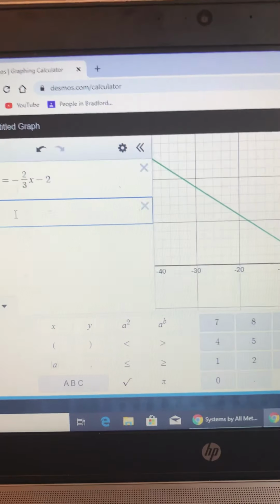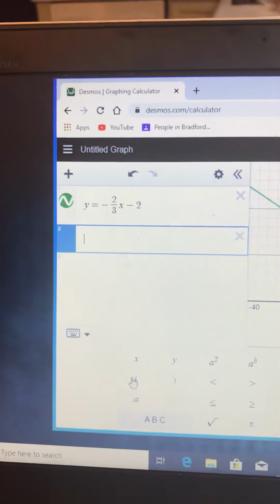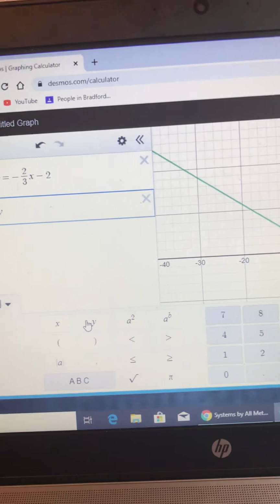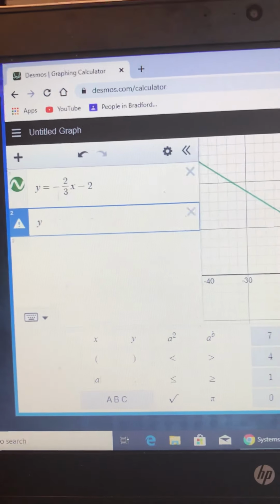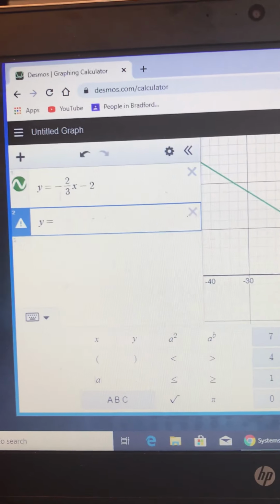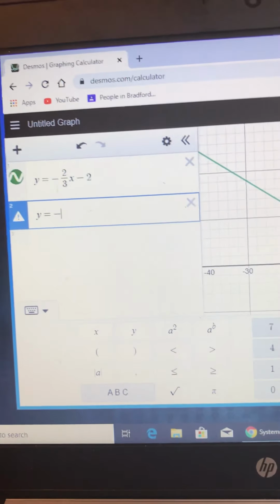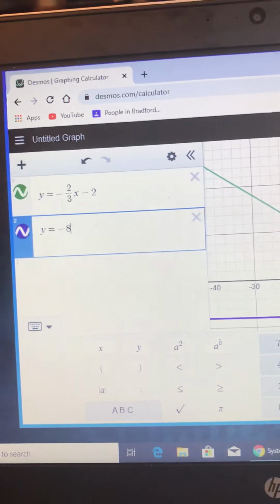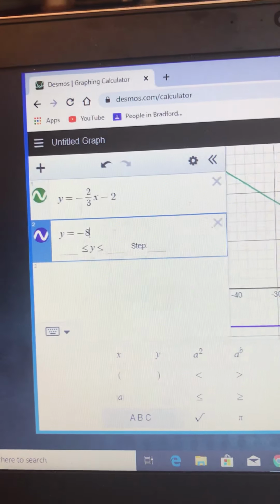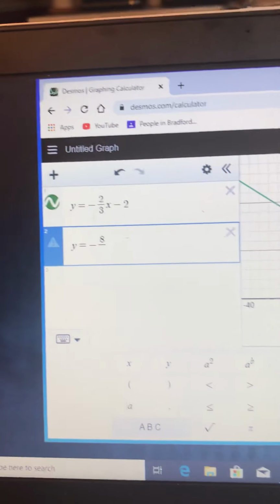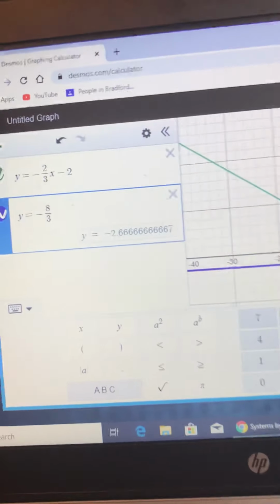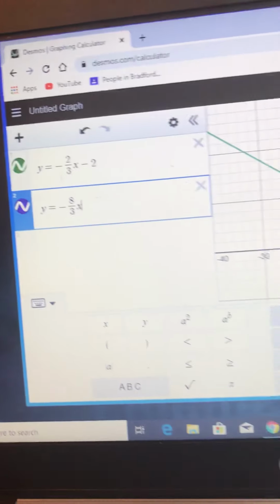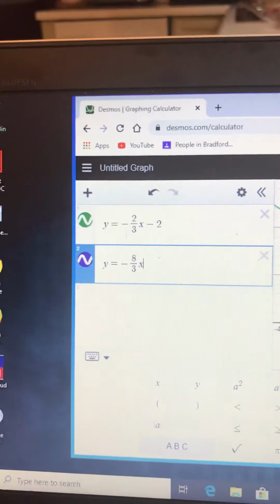Now we're going to enter in y equals negative 8/3 x plus 4. It's easy to make a mistake here. 8/3, so hit the division, move that over, x plus 4.